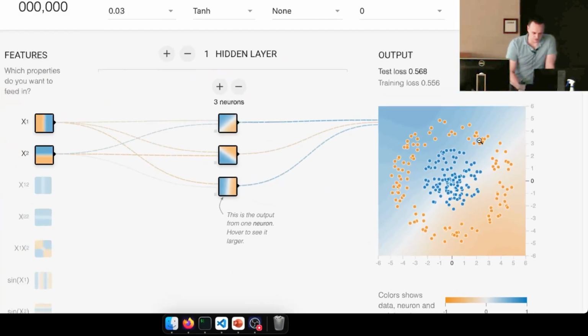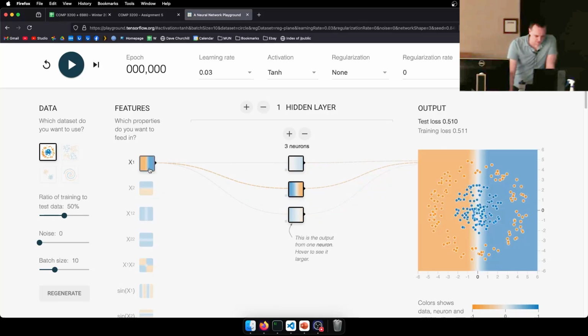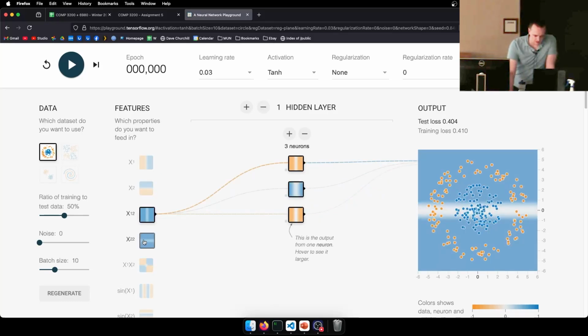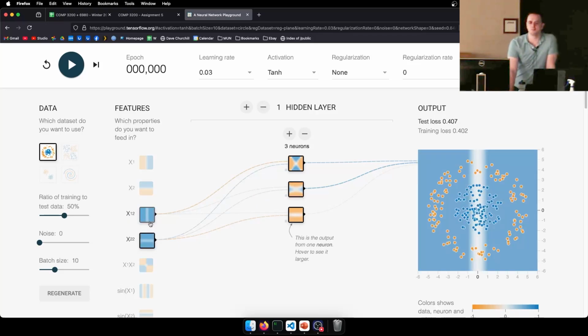So what can we do? Well, let's come over here, and in the inputs, this is x1 times x2, no, x1 times x1, and so this is essentially the distance squared from the radius.